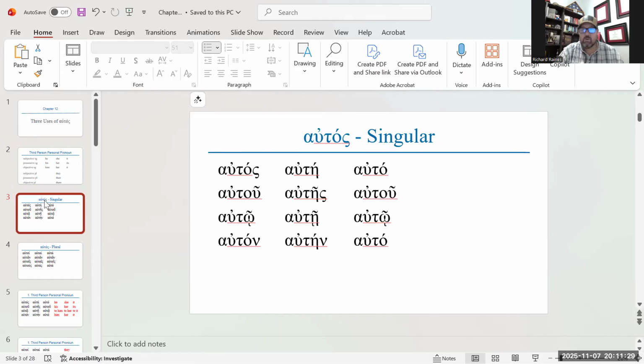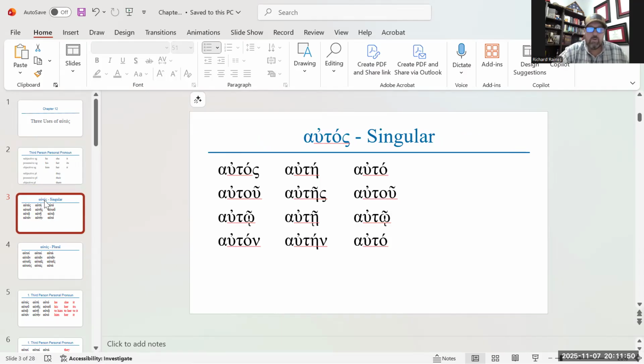So here's the singular of autos. You can see the masculine, the feminine, and the neuter. So across the top, autos would be masculine nominative, autē would be feminine nominative, and auto would be neuter nominative.